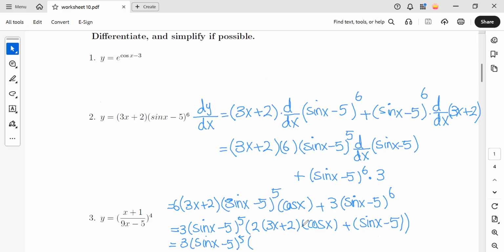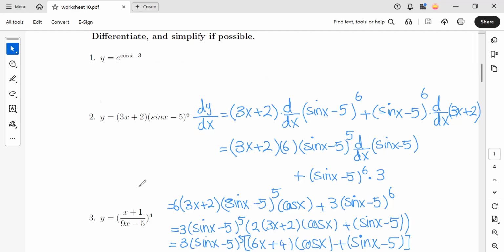Also, you can multiply 2 into 3x plus 2. You would get 6x plus 4. And we have a negative 5 here. So we would write it as 6x plus, oh, sorry. 6x plus 4 times cosine of x plus sine of x minus 5 here. And this is multiplied to the whole thing. You can simplify this as you see here.